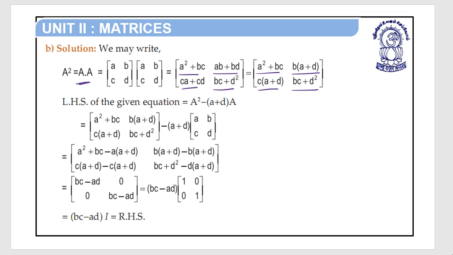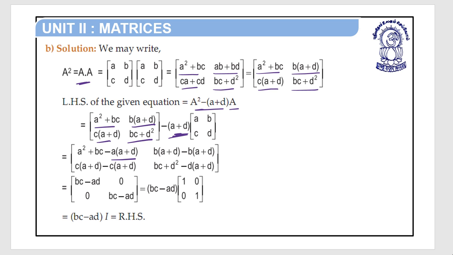LHS of the given equation: A square minus a plus d into A. Here a square plus bc, b into a plus d, c into a plus d and bc plus d square, minus a plus d into A, where A is [a b; c d]. So a square plus bc minus a into a plus d, multiplying with all four elements.